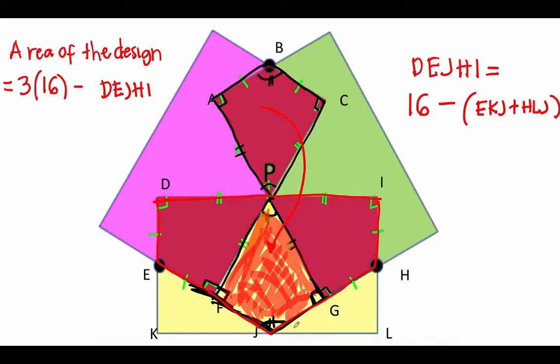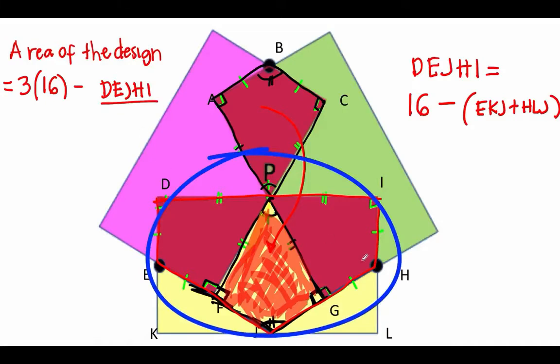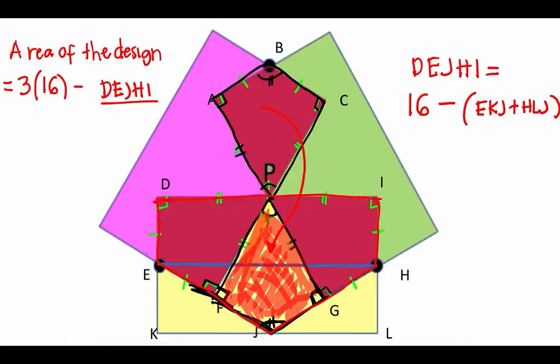If we can find the area of these two yellow triangles, subtract it from 16, then we'll be able to find the area of this part. So let's do that. What we can do is connect these two midpoints and connect also these two midpoints. So basically we divided the rectangle into 4 equal parts.